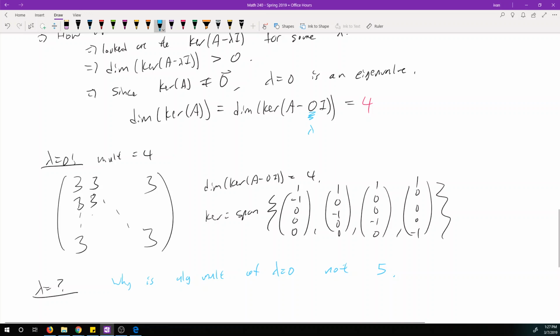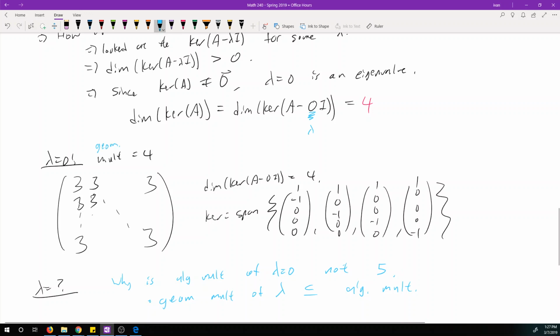Well, okay, so I said the following. I said that the geometric multiplicity was greater than or equal to the algebraic multiplicity, or is less than or equal to the, wait, hold on. Yeah, so the geometric multiplicity is less than or equal to the algebraic multiplicity. All right, so I claim that lambda equals 0 has geometric multiplicity 4.